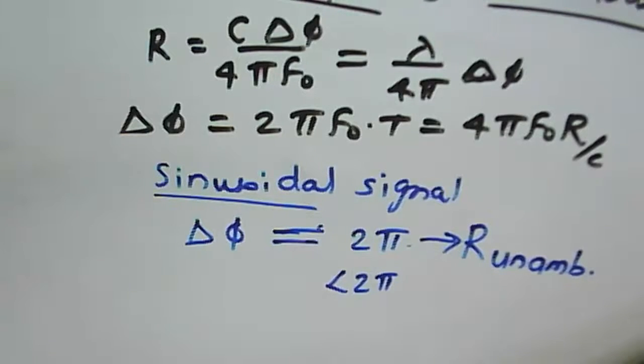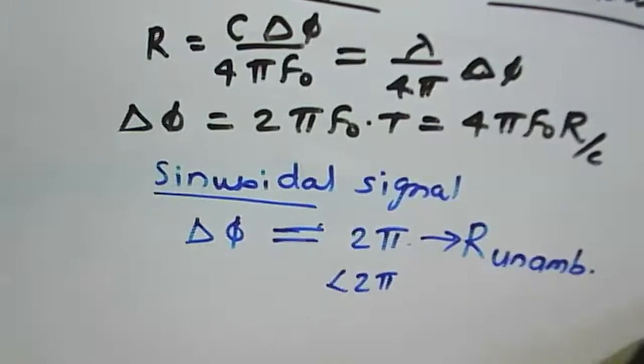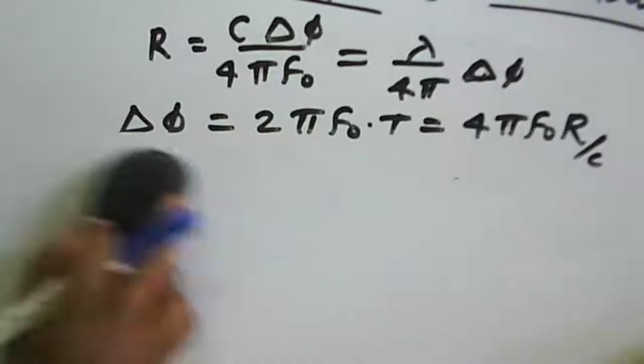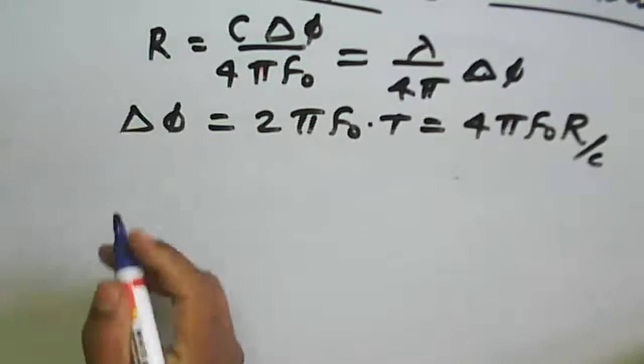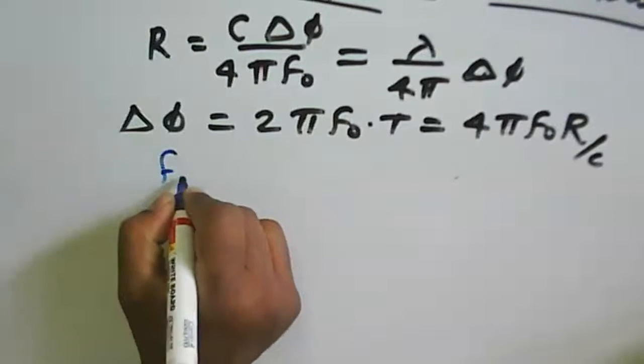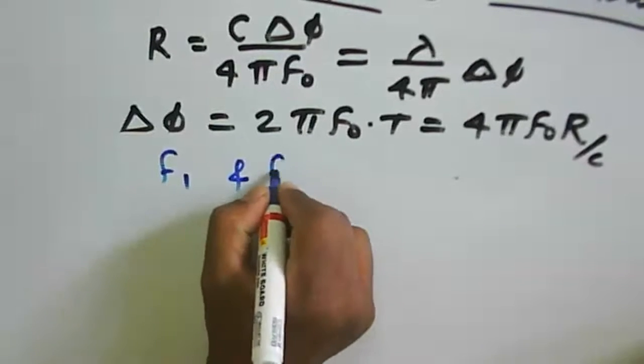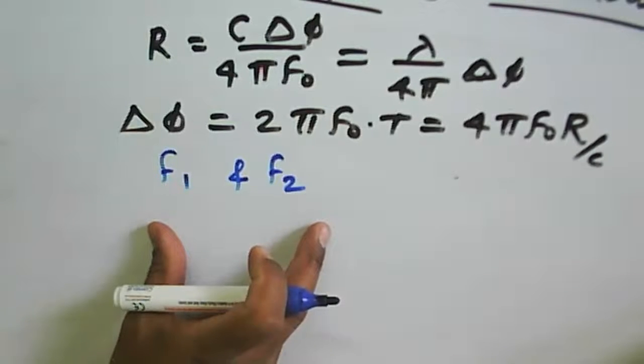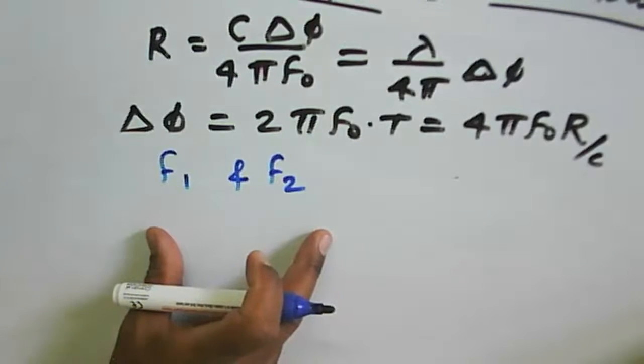Now suppose the signal we are transmitting has two continuous sine waveforms, with frequencies f1 and f2.